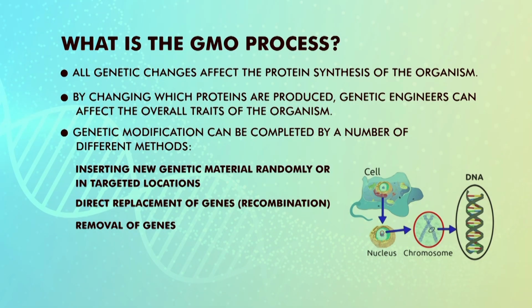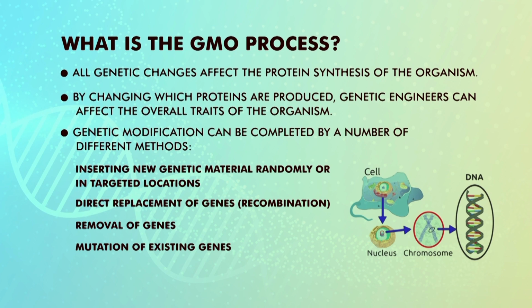If there is a non-functional gene in an organism, we can directly replace it with a functional gene from some other organism, and the process behind it is recombination, or homologous recombination. I am not going into detail of that right now. The third technique is removal of genes. The last one is mutation of existing genes for beneficial purposes.